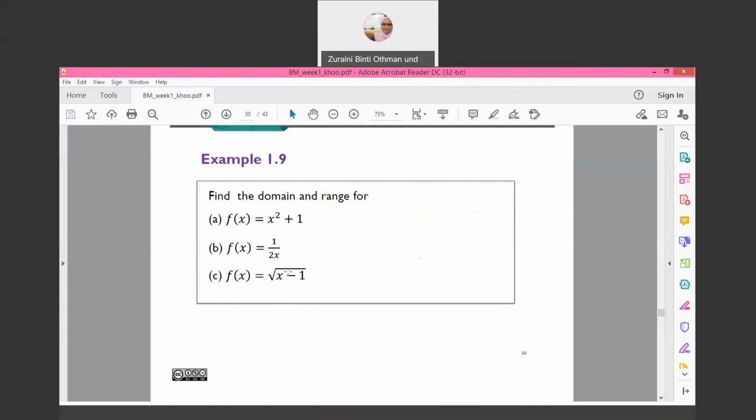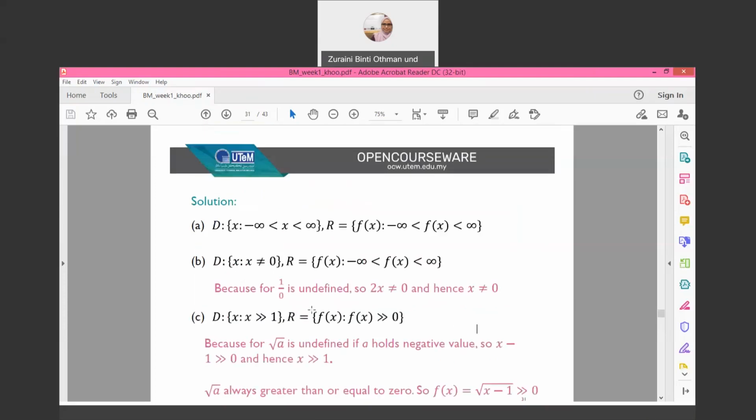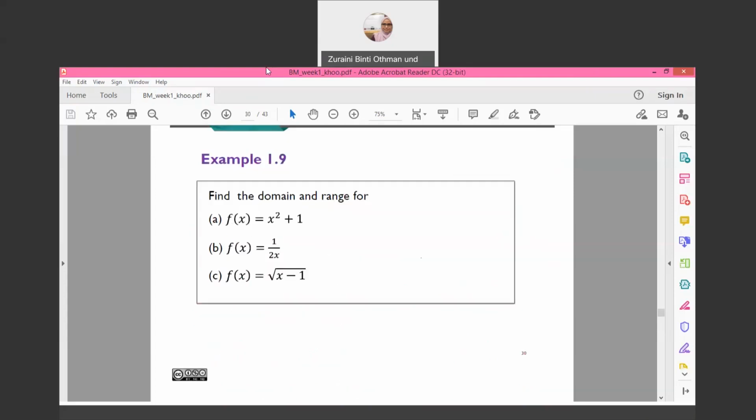Square root of 0 can find the answer. So the domain is defined. Okay, so here we know that the range is always greater than or equal to 0. Sebab kita tahu bahawa tadi domain kita ialah daripada 1. So domain starts from 1.